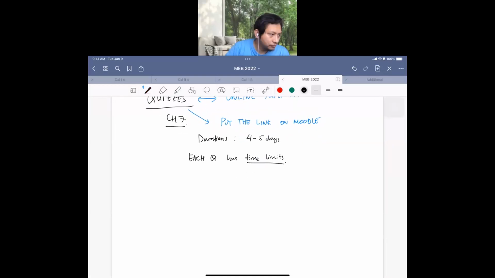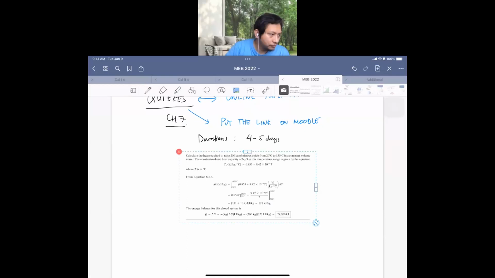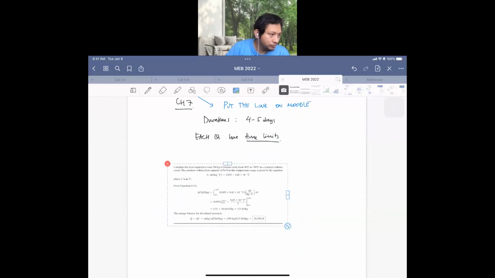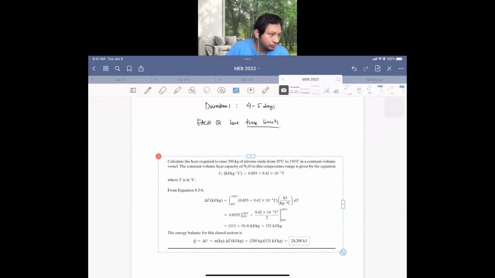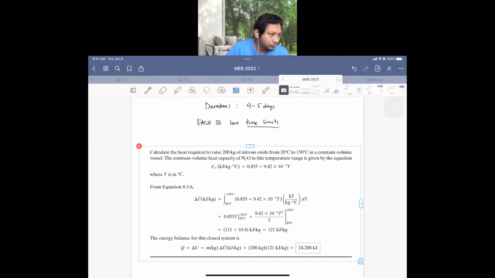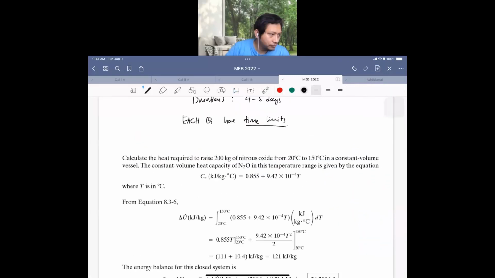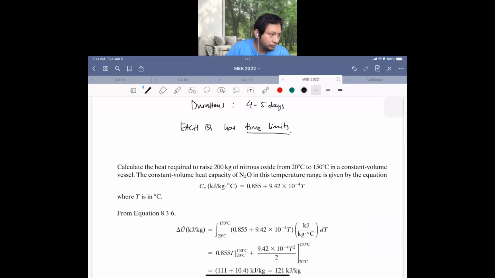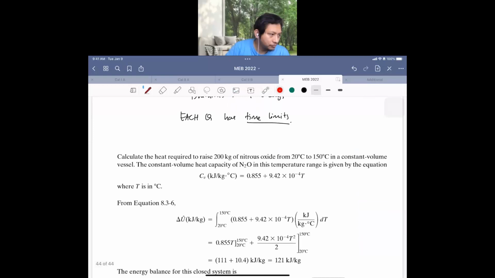Okay, let's move to an example. Let me give you an idea on one example here. We need to calculate the heat required to raise 200 kilograms of nitrous oxide, or N2O, from 20 degrees Celsius to 150 degrees Celsius in a constant volume vessel.